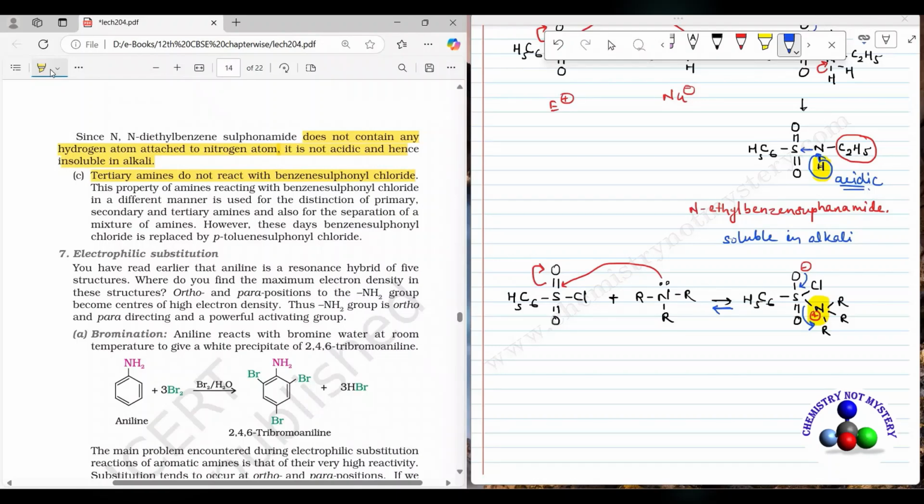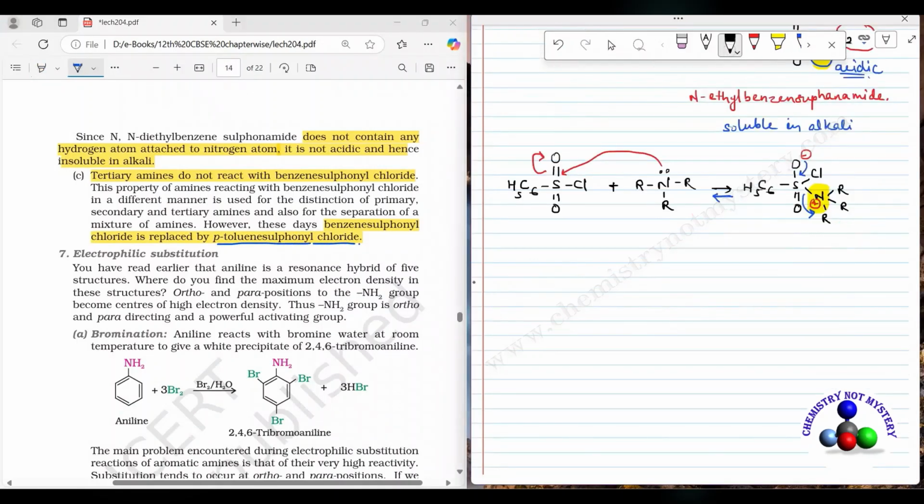However, these days benzenesulphonyl chloride is replaced by para-toluene sulphonyl chloride. Instead of benzenesulphonyl chloride, you can take para-toluene sulphonyl chloride. So let's try to draw the structure of para-toluene sulphonyl chloride, which is used in place of the Hinsberg reagent. So this is benzene.